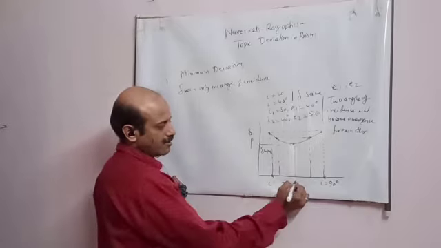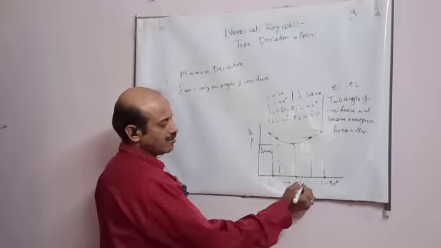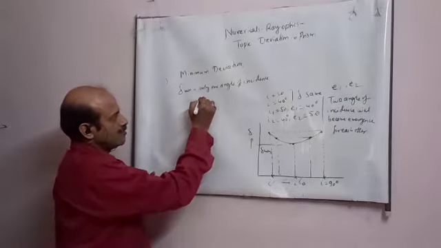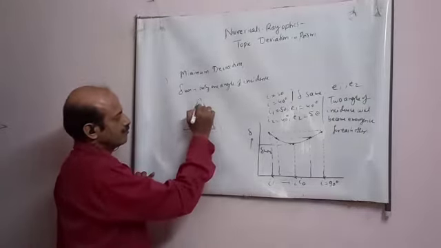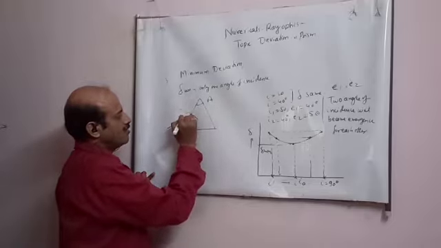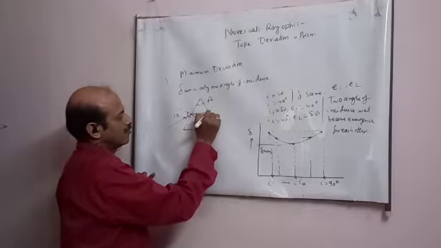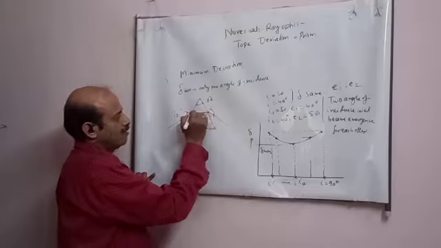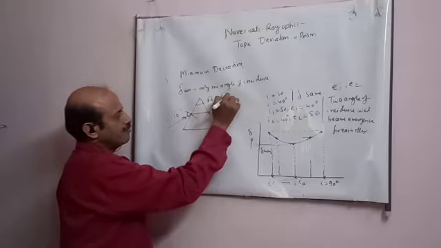See, this is the minimum, student. Say I am representing it by I0. So suppose this is the prism, student. If the angle is I0, then the deviation is minimum.